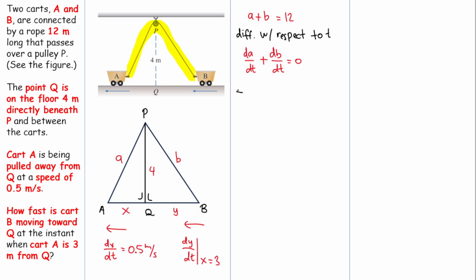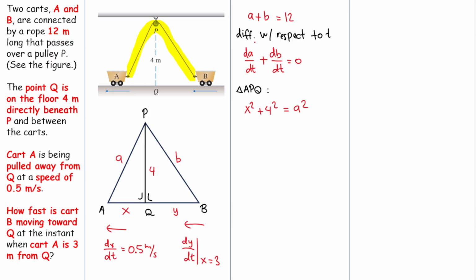So on the triangle APQ, we can have x squared plus 4 squared, that will equal the hypotenuse, which is A squared. Good.